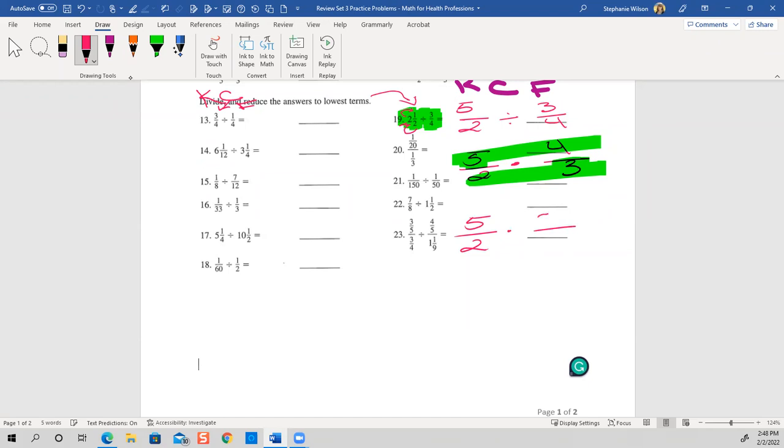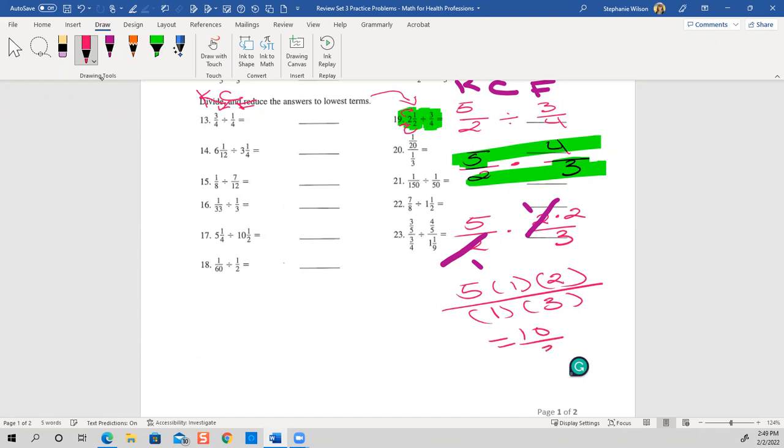But 4 is 2 times 2. So now I see that I have a 2 that will reduce with the 2, and it goes into itself 1 time. So now we have 5 times 1 times 2 all over 1 times 3, which ends up being 10/3.